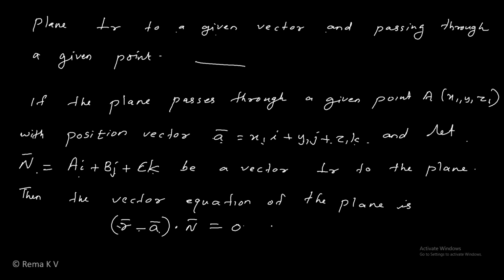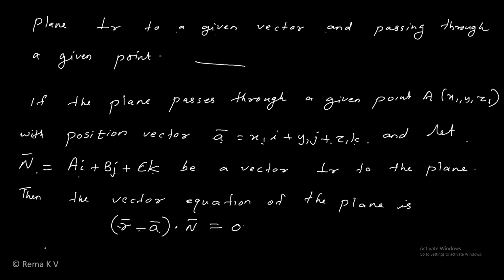Vector R is the position vector of an arbitrary point in the plane. So the vector equation is given by (R minus A) dot vector n is equal to 0.